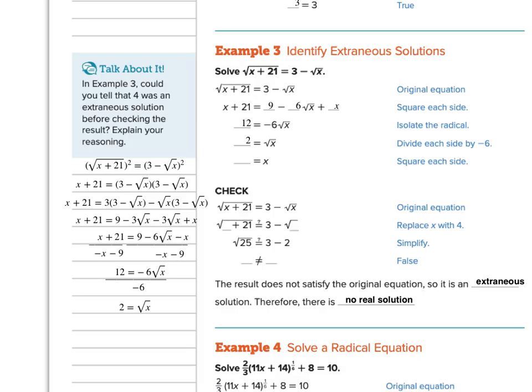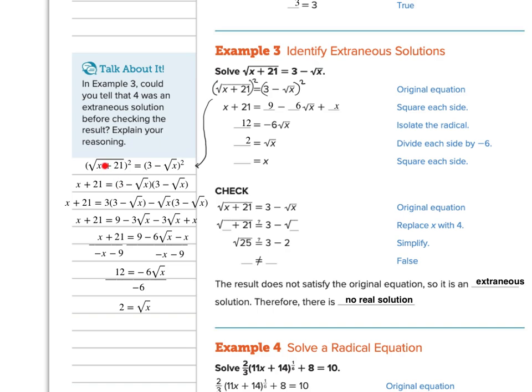Well, what we did was we squared both sides, because we have this radical expression. So we ended up taking this side and squaring it, taking this side and squaring it. And that's what happened when I came down here, and I showed all the actual mathematical steps.